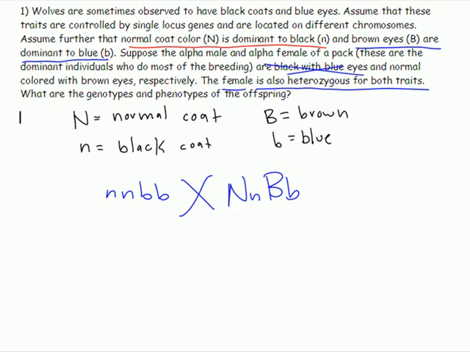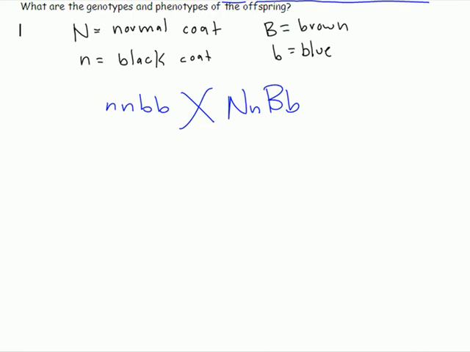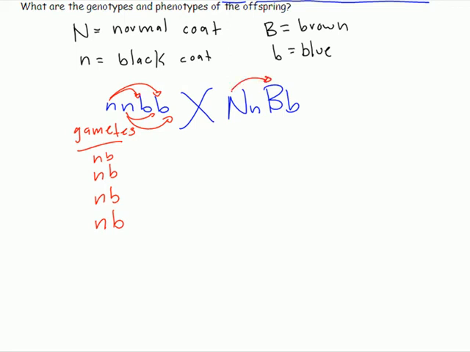So how do we get the gametes for each one of these? The same way that I told you before, you FOIL them. This one goes there, that one there, this one there, and this one there. And when you do all that, you get NB, Nb, nB, nb for the first parent, and those are the gametes, all lowercase. We do the same for the other one, and this is FOIL, in case you forget.